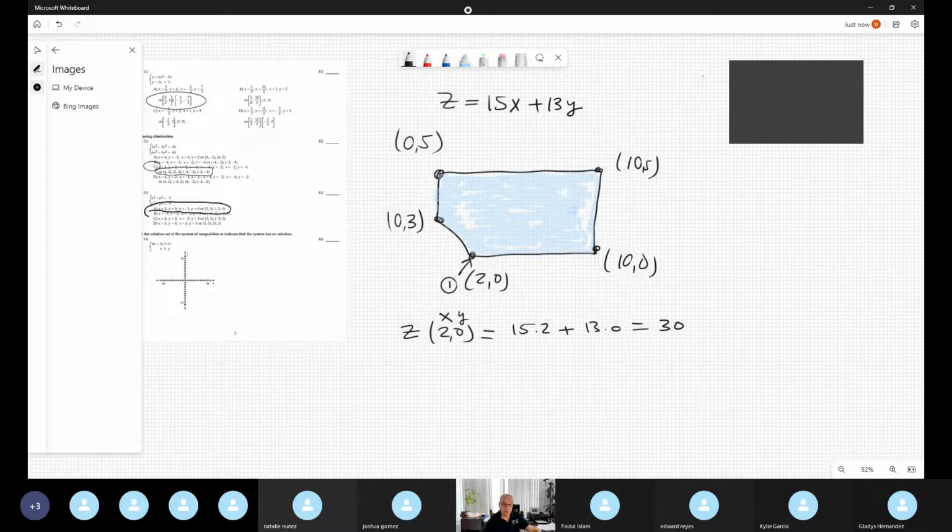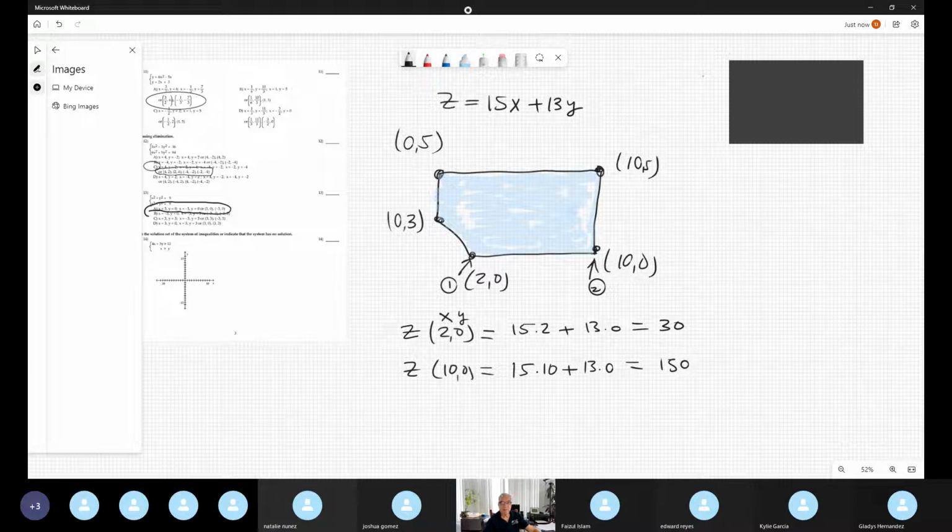Now evaluating the next corner, which is 10,0. The order is not important, either order. Here I select number 2. It is 15 times 10 plus 13 times 0, which is 150. Okay, better. 150 is better than 30, no?